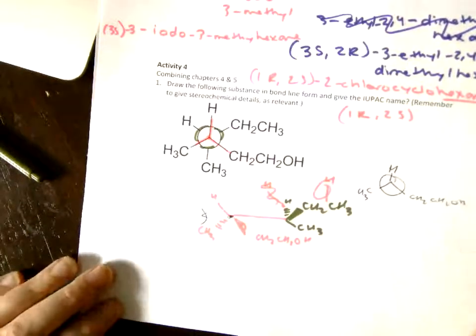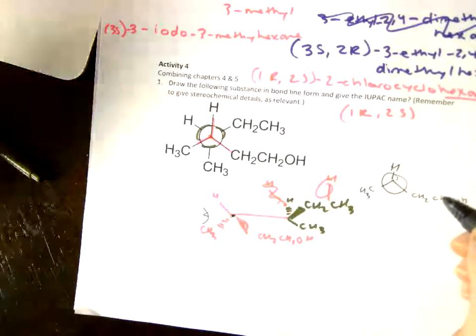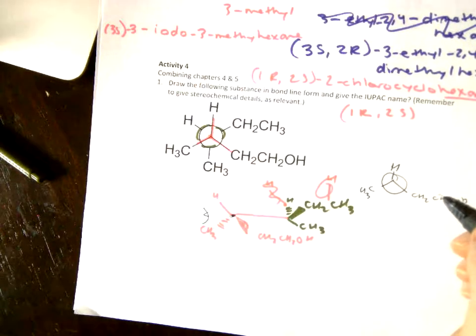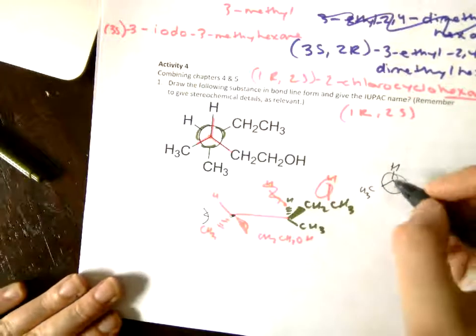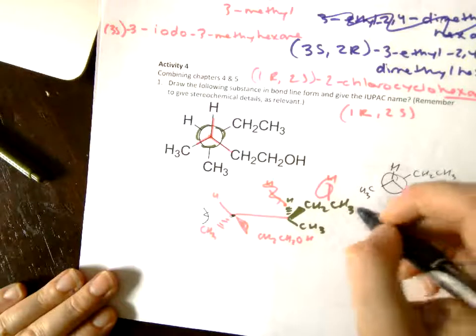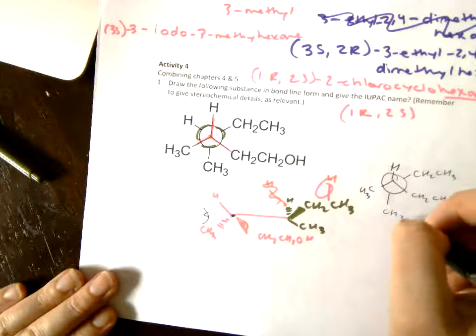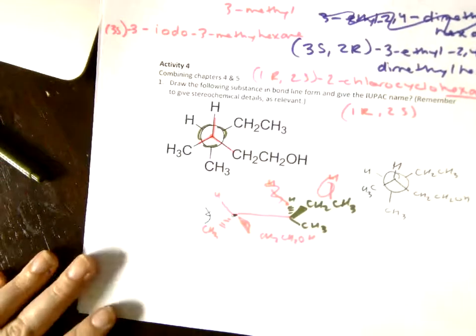And then for my back carbon, I have my CH2, CH3 here, CH3 going straight down, and a hydrogen on the left. And that is the same Newman projection, so I feel great about that.